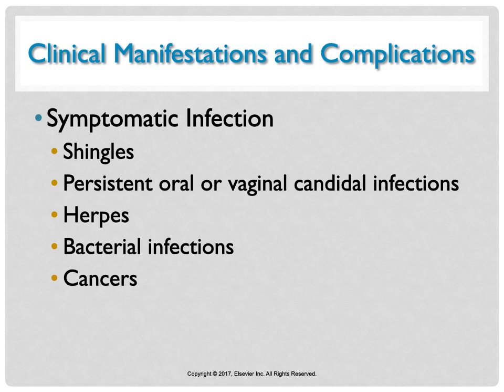Some of the symptomatic infections that we may see include shingles, persistent oral or vaginal candidal infections, herpes, bacterial infections, and cancers. And the cancers tend to happen later, when that CD4 count is less than 200 and it has definitely become AIDS.